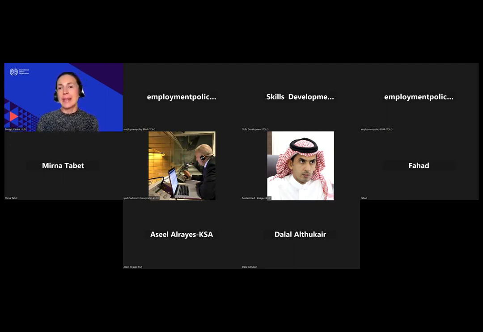Now, let's focus specifically on the supply side of skills development systems. And on the supply side, changes in the modalities of access and learning, assessment, and certification are definitely being driven by the increasing use of digital technologies.